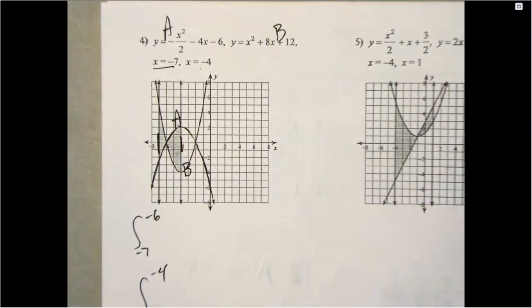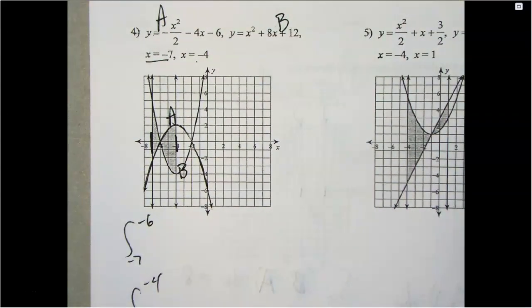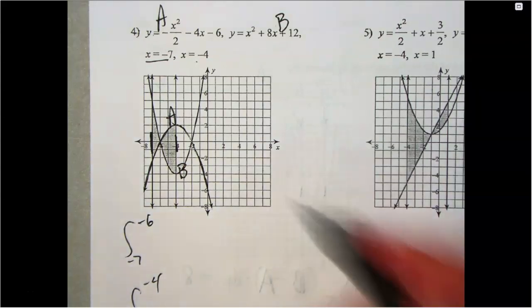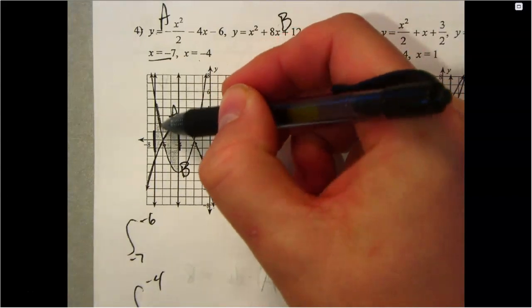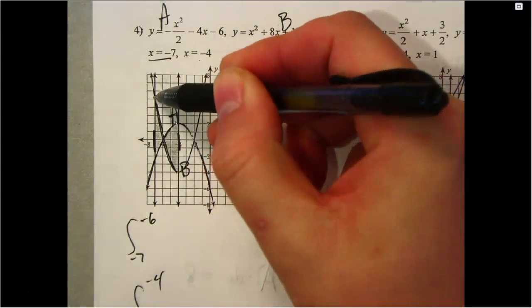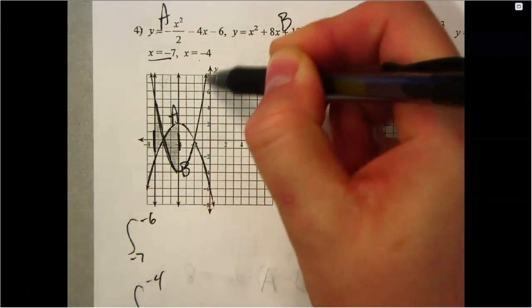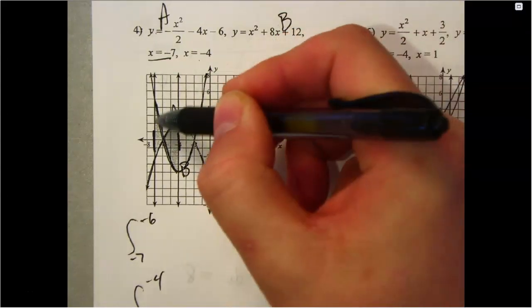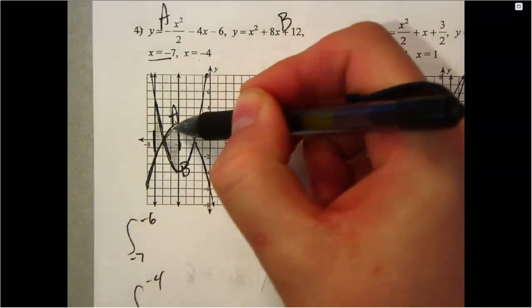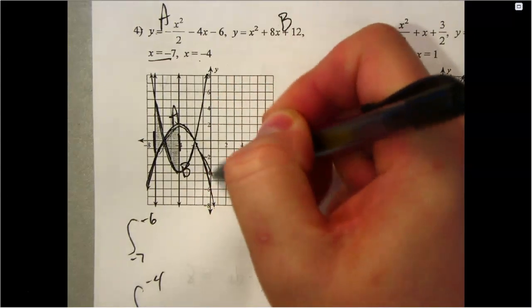So from -7 to -6, which one's on top? B is on top, because this is B. So isn't it on the top of the shaded, and then A is down here? A is on the bottom of that.